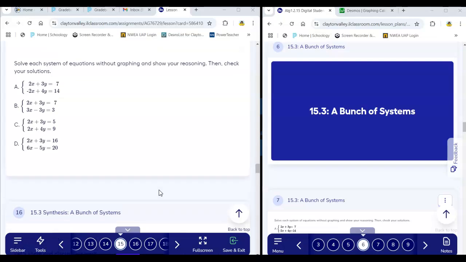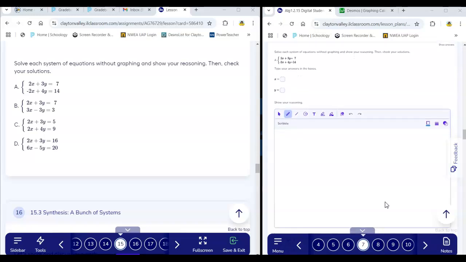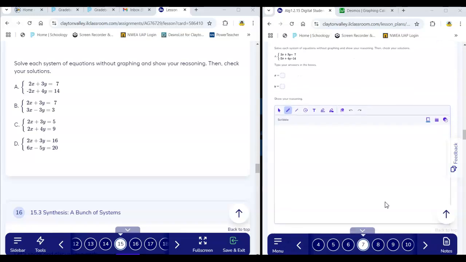So here are 4 systems of equations, and I'm not going to tell you how to solve them. I'm going to let you choose the method that you would rather use. It would be nice if you would use algebra by elimination or substitution, but you can also graph these.